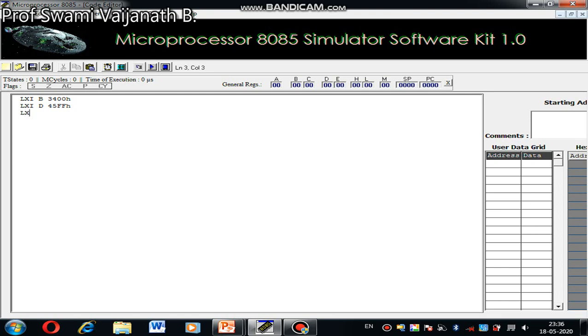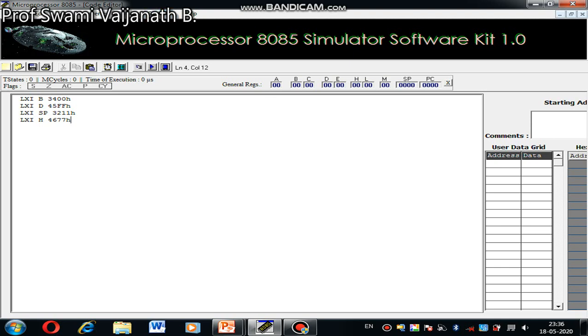Whenever I initialize, for example, LXI SP, 3211H, then the SP address is 3211H. Whenever I give LXI H, 4677H, then the HL address is initialized to 4677H.